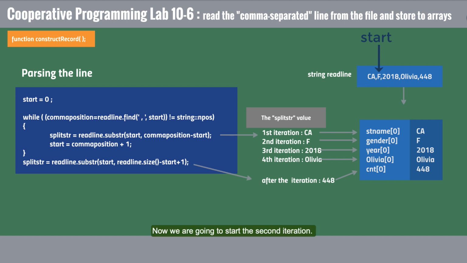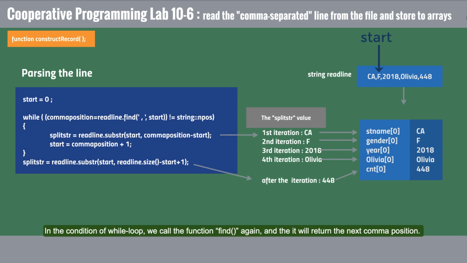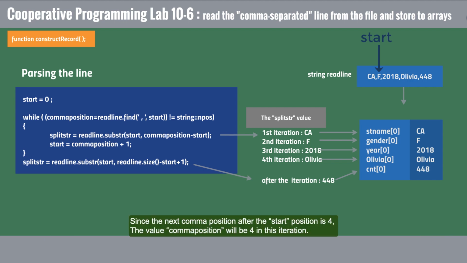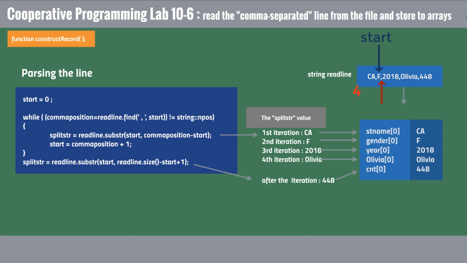Now we are going to start the second iteration. In the condition of the while loop, we call the function find again, and then it will return the next comma position. Since the next comma position after the start position is 4, the value of comma position will be 4 in this iteration.